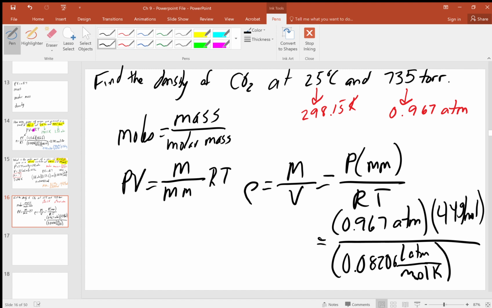That we can finish up here, to calculate our density of 1.74 grams per liter.